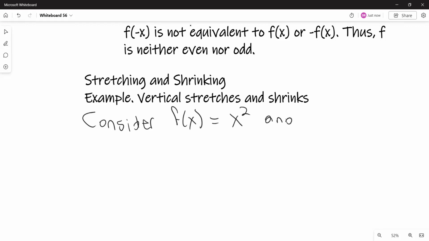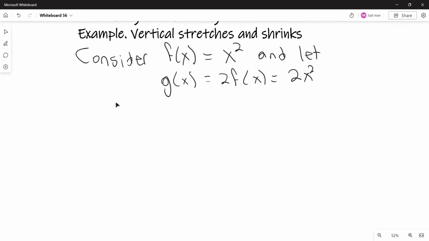And let g of x be 2 times f of x, or 2 times x squared. We're going to make a table and compare the graphs.